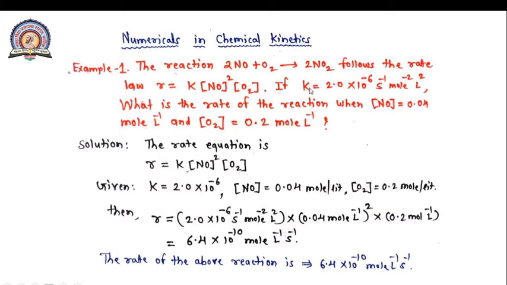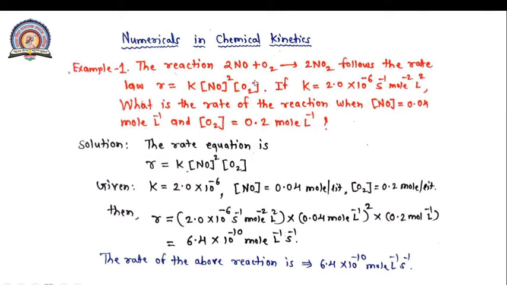If K is equal to 2.0 into 10 raised to minus 6 per second per mole square liter square, what is the rate of the reaction when concentration of NO is 0.04 mole per liter and concentration of O2 is equal to 0.2 mole per liter.